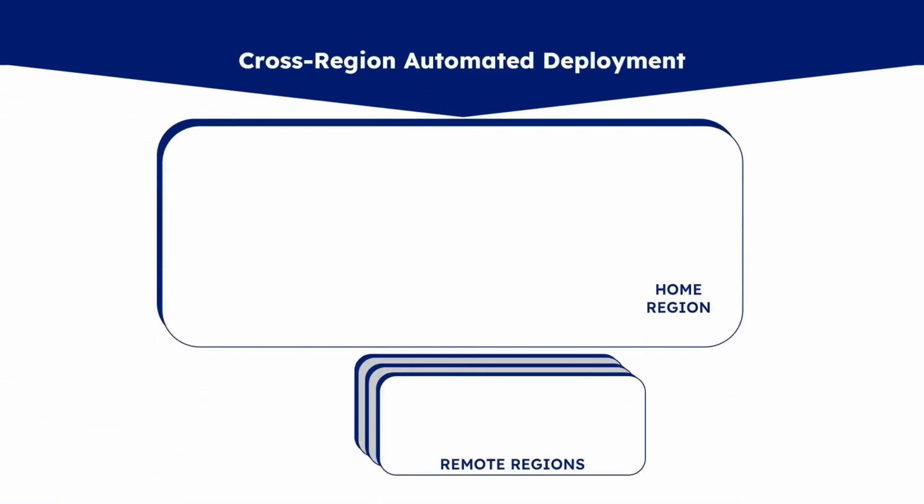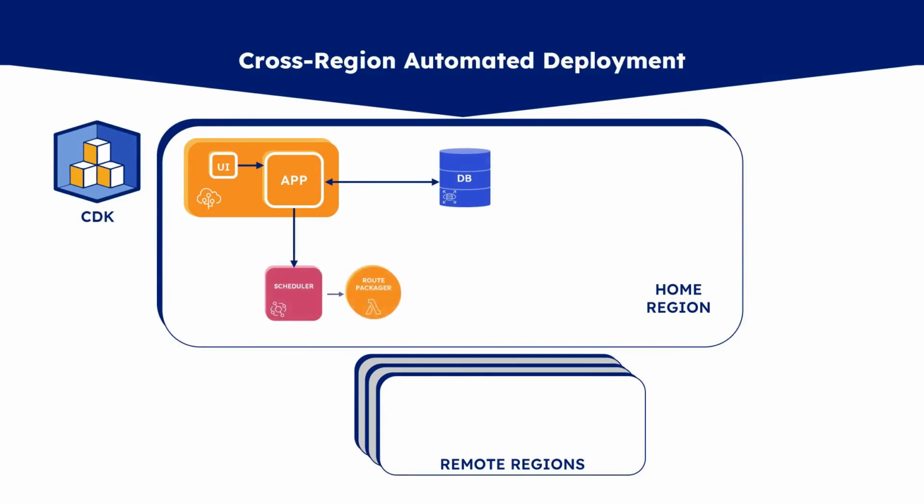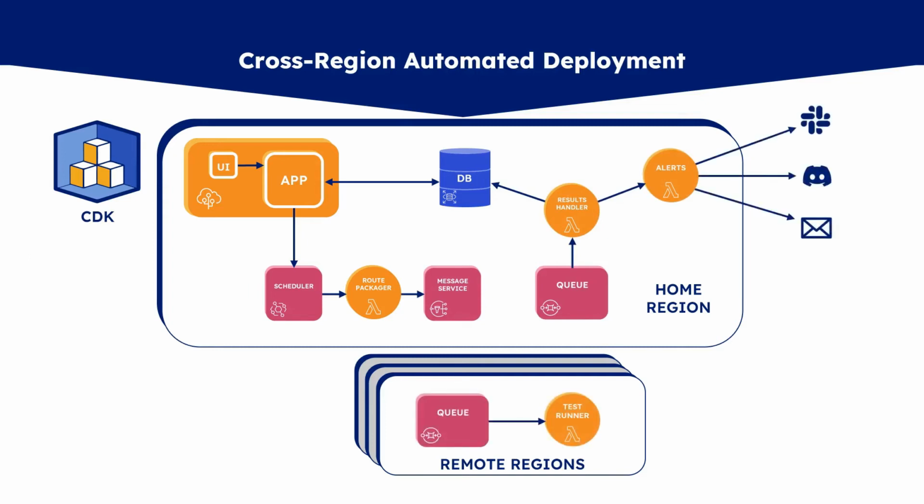The main tool we used to deploy resources was the Cloud Development Kit, or CDK, which is an AWS service used to programmatically set up, modify, and tear down resources. The CDK was relatively straightforward to work with for deploying and connecting infrastructure within the home region. However, this same approach did not work when it came to connecting resources between the home and remote regions.